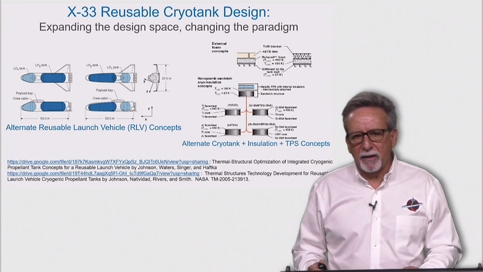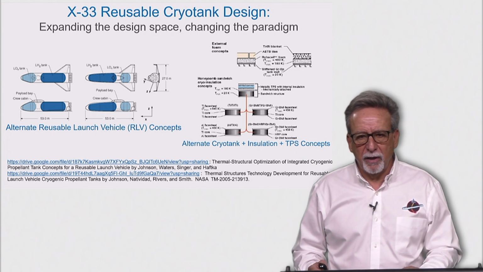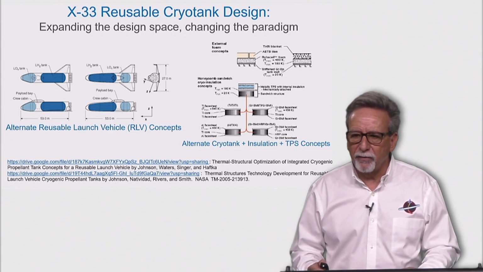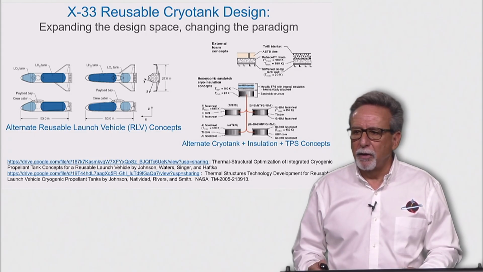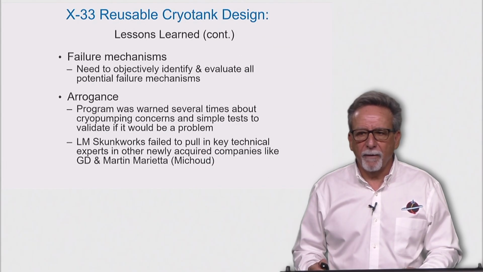When you consider the technology readiness level of making a leak-proof metallic honeycomb sandwich to contain cryogenic hydrogen versus a composite design, the decision becomes much easier to make. Shown below are the two references which describe the design process for optimizing this metallic TPS and metallic hydrogen tank design.